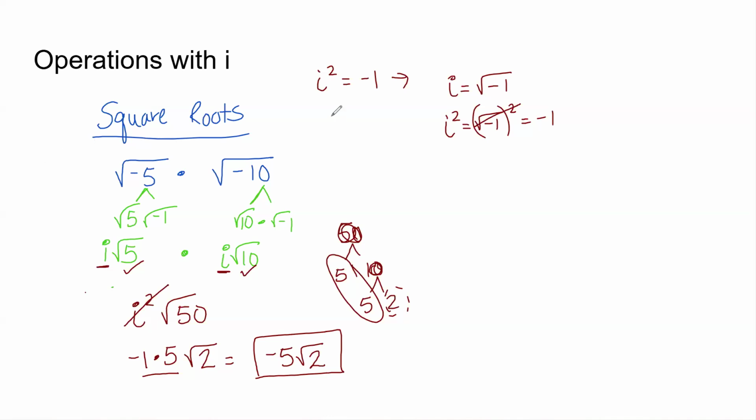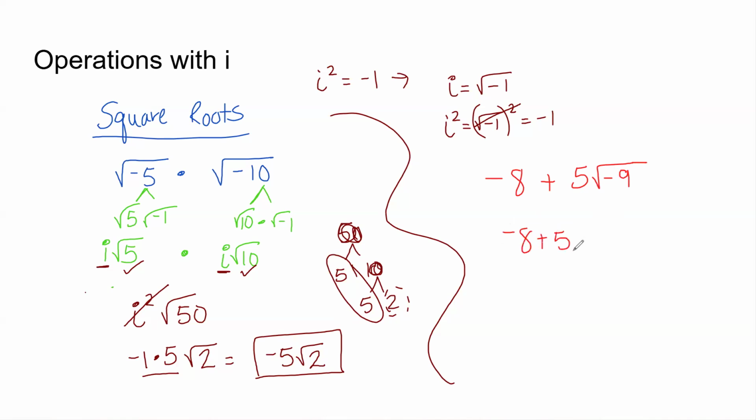All right, I'll do one more like that. Oh, goodness, let's do -8 plus 5 root -9. So that would be -8 plus 5, and then this is really root -1 times √9.